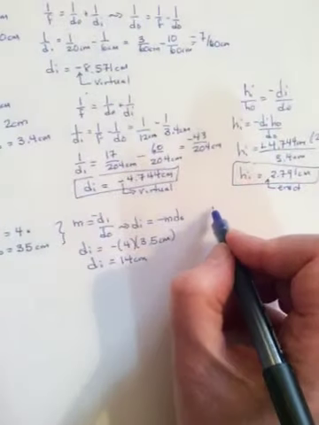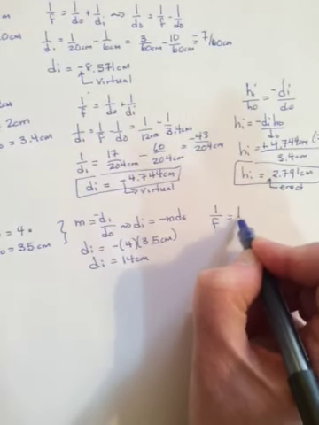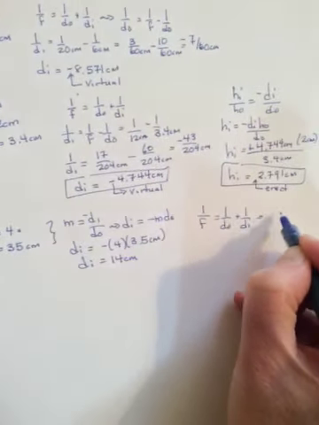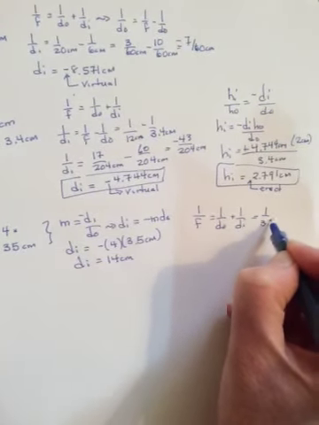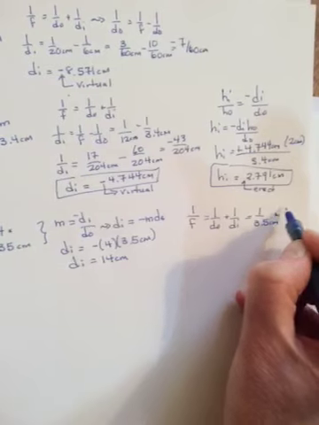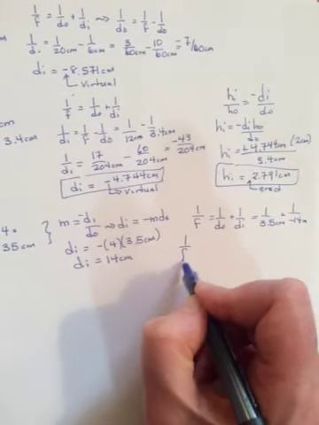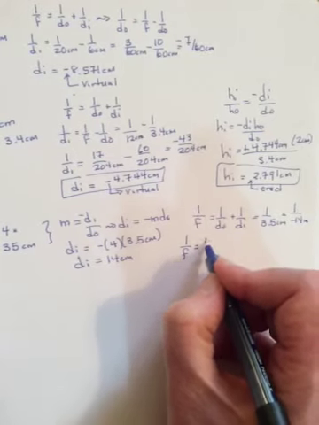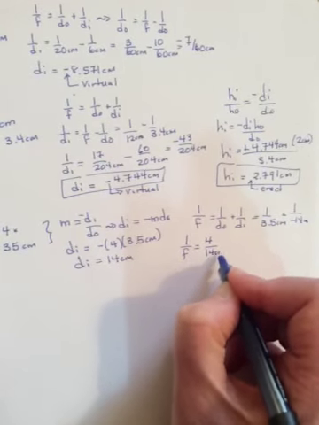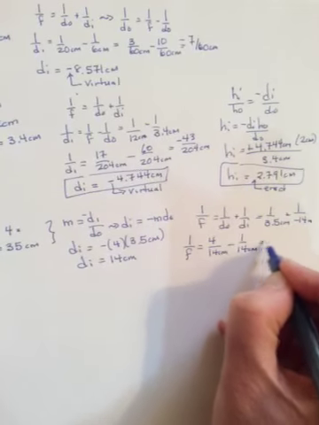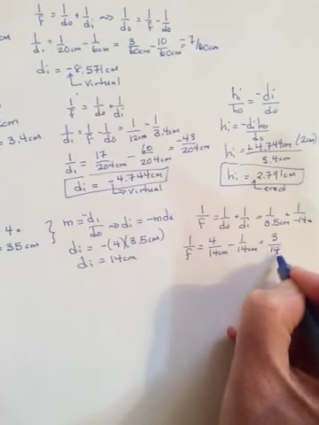So then once you have that, then 1 over F is equal to 1 over DO plus 1 over DI. So 1 over 3.5 plus 1 over negative 14. Common denominator is 14, so 4 over 14 minus 1 over 14, which is 3 over 14.